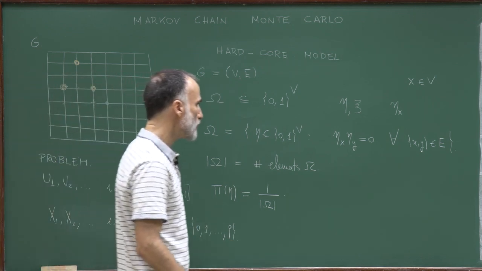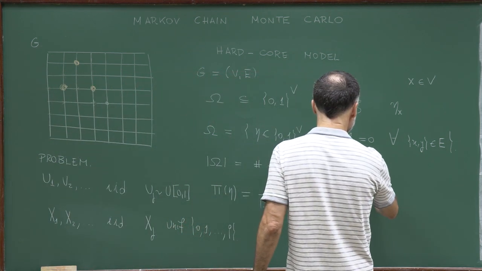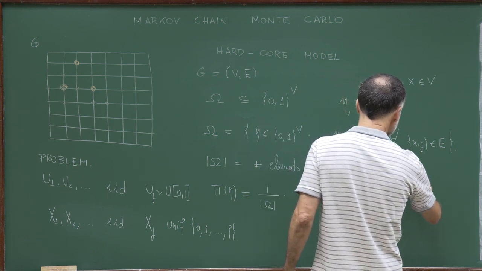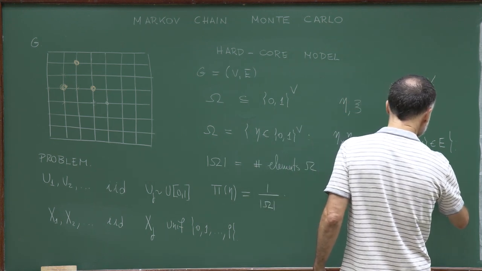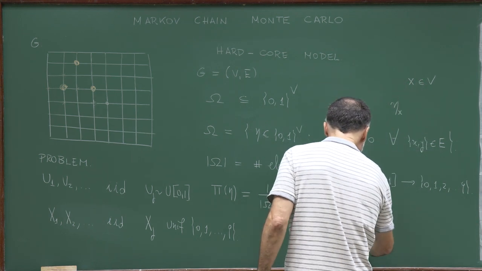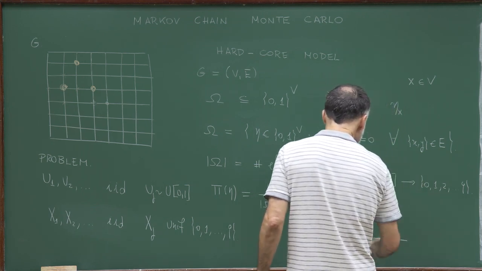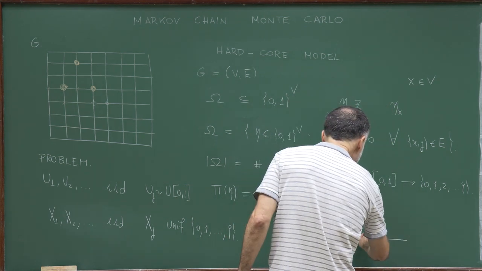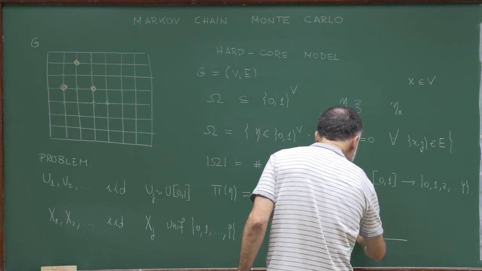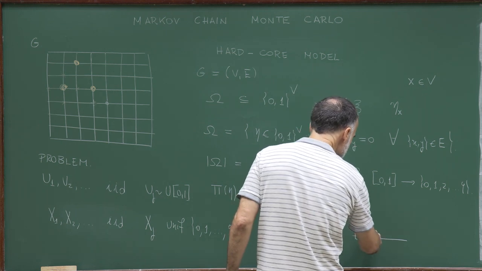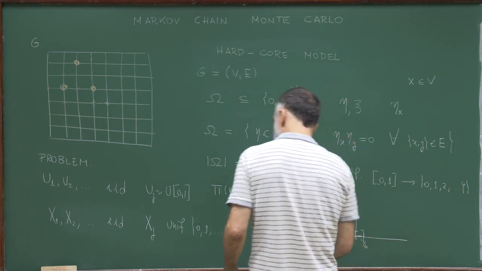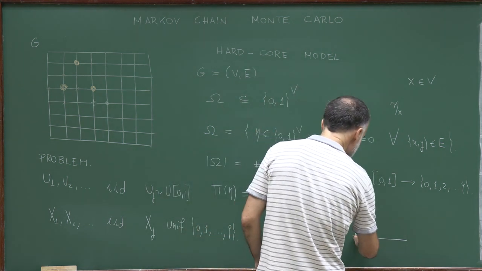Well, it's very simple. You would define a function phi from [0,1] to {0, 1, 2, up to 9}. This function would be, for example, given by: on [0, 1/10) it will be equal to 0.